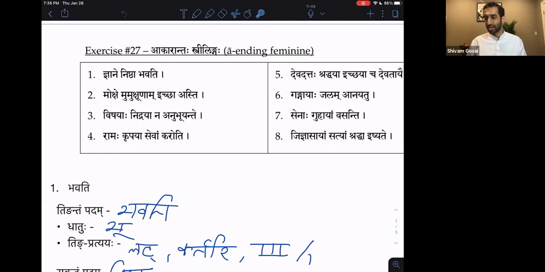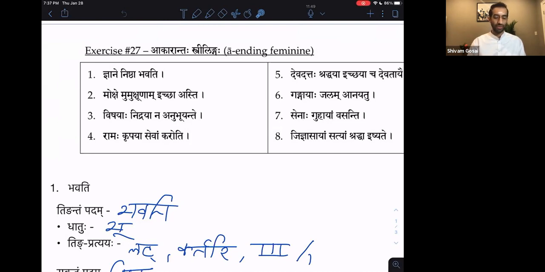Then lat lakara, kartri prayoga, third one. So he, she, it does, something does. Number 4. Okay. So now you want to look for our 1-1. Then our 1-1 here in this case is Rama. Rama does. Ramaha karoti.